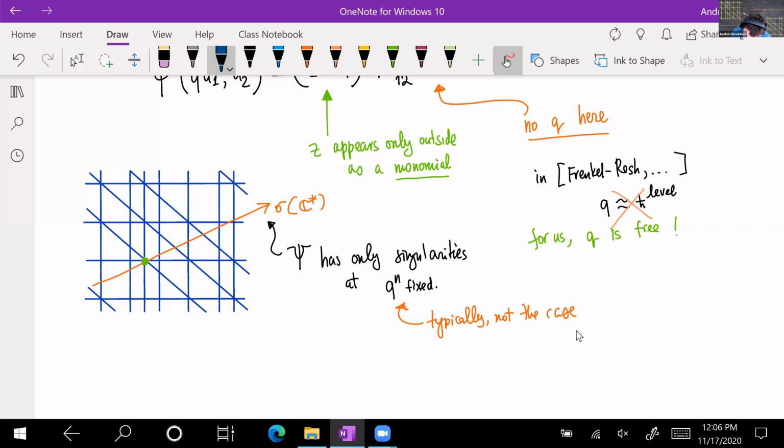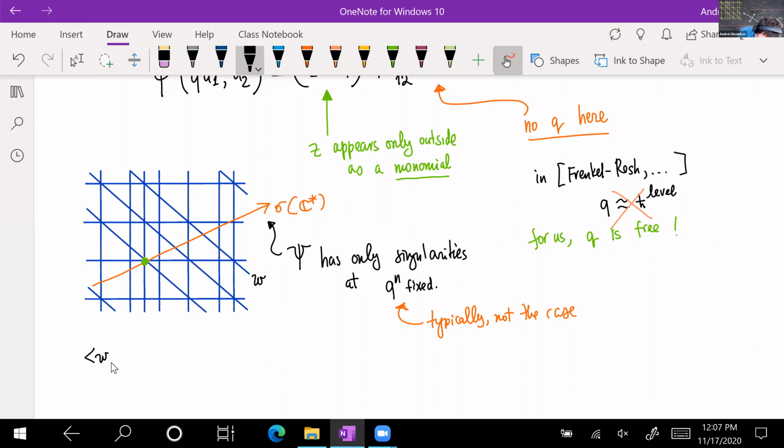It is because of where my singularities occur. Let's suppose I have a character of my roots, call it W here.